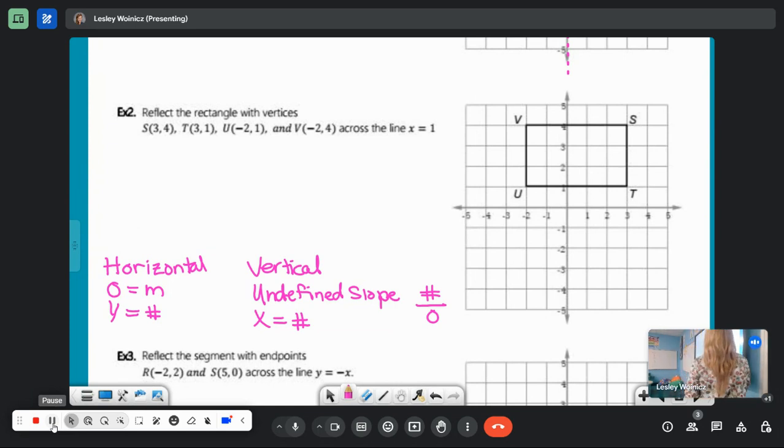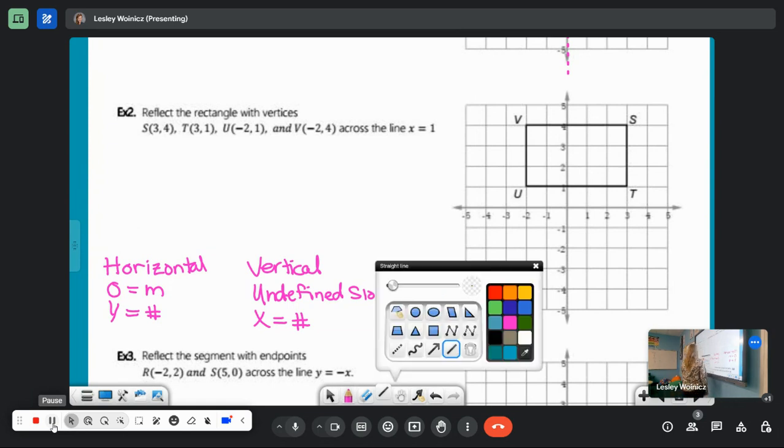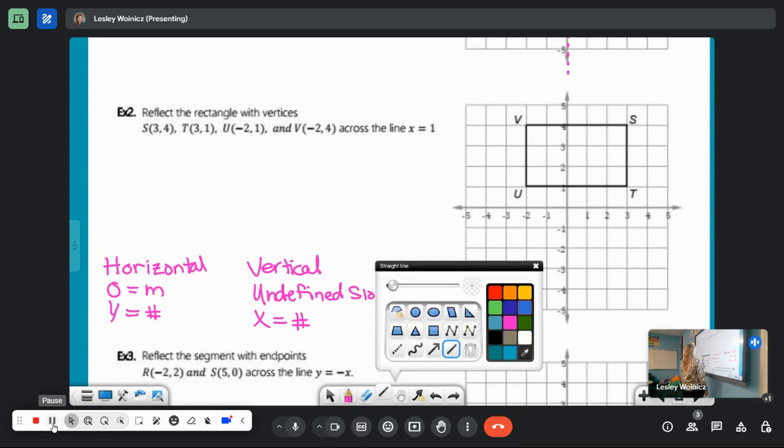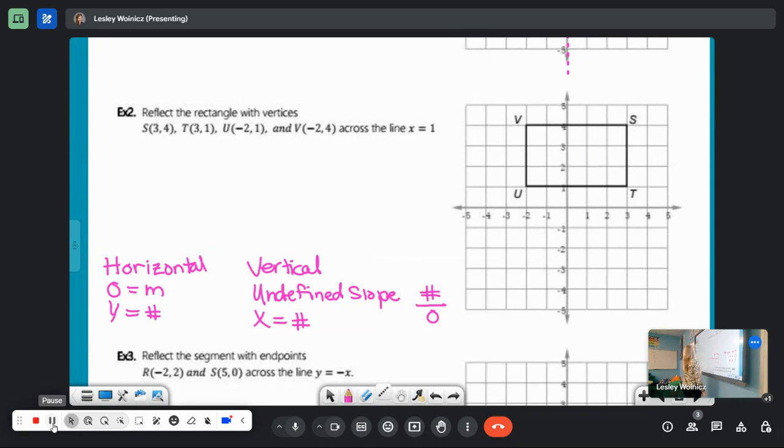All right, so if I have the line x equals 1, horizontal or vertical? It's vertical. It's x equals 1, not y equals 1. So I look for all of the points whose x value, I meant to do dashed, whose x value is 1, and they're all right here.